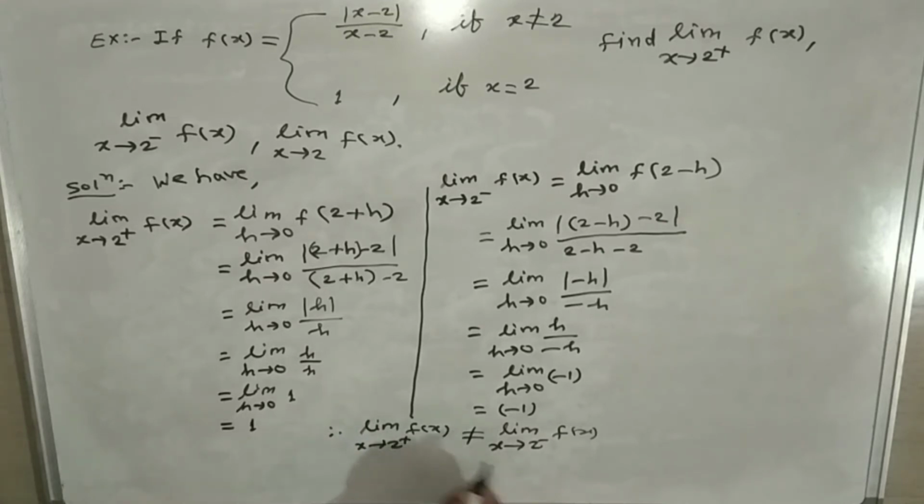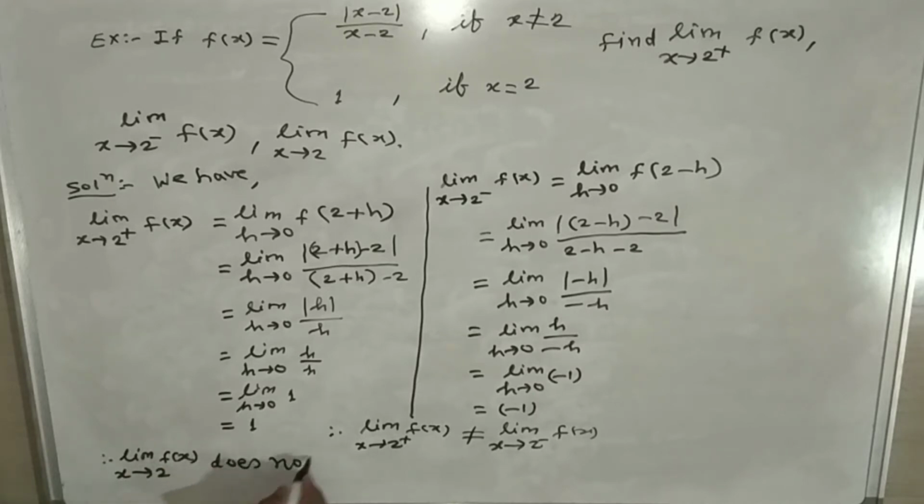These are not equal, and therefore limit of a function f of x as x tends to 2 does not exist. Does not exist.